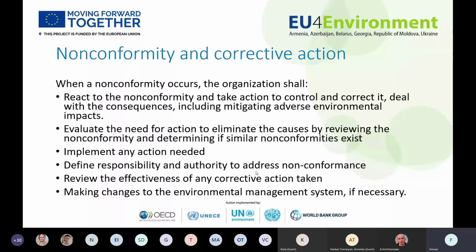And the procedure also defines what happens then, because usually there needs to be a corrective action, which needs to be defined according to the non-conformity. If we are violating legal obligations, corresponding action needs to be taken. If we are violating our own procedures, corresponding action needs to be taken.